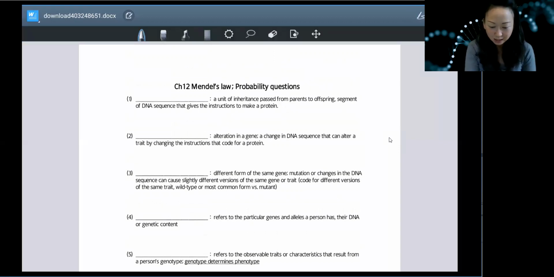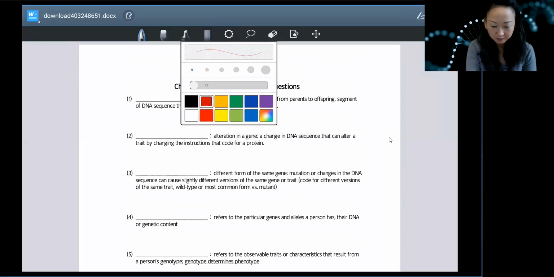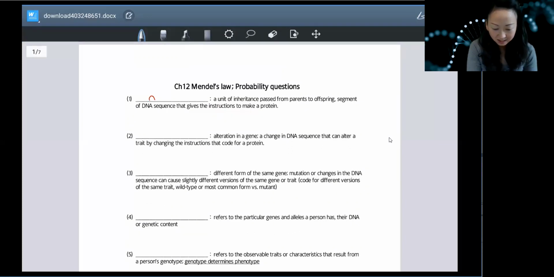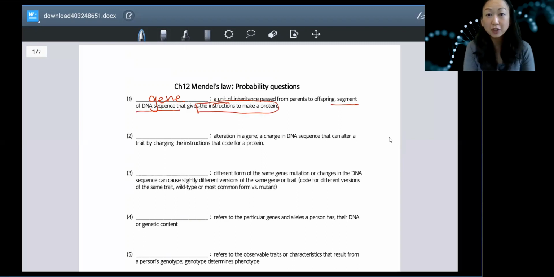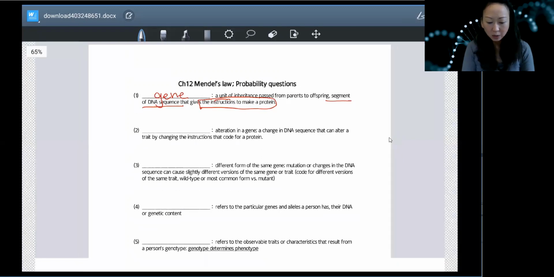Let's spell that out. So a gene is a unit of inheritance, and it is a segment of DNA that gives instruction to make a protein. We laid this out very early on in Bio 120 to help you understand the definition of a gene.